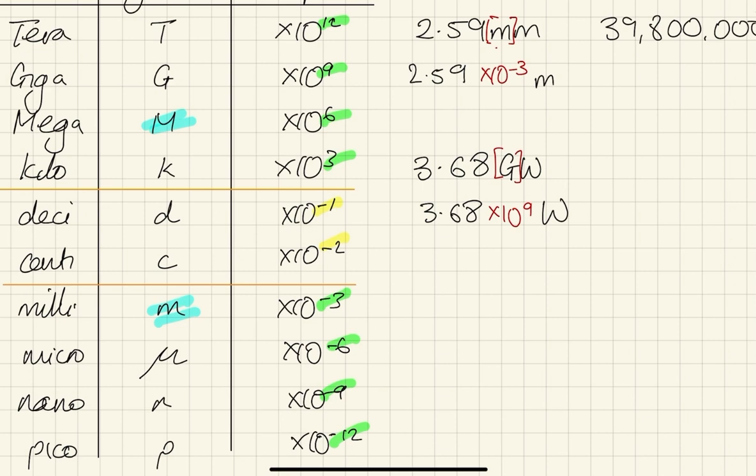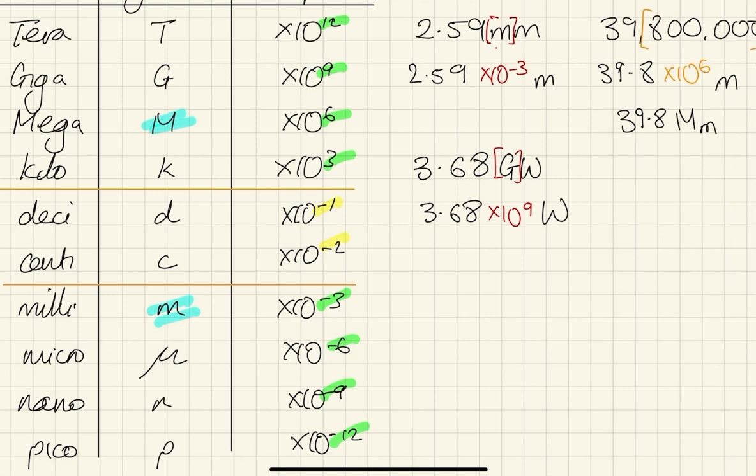So I'm going to get rid of here, which is 6. So actually, this number is 39.8 times 10 to the power of 6 meters. Now the prefix for 10 to the 6 is mega. So my answer becomes 39.8 megameters.